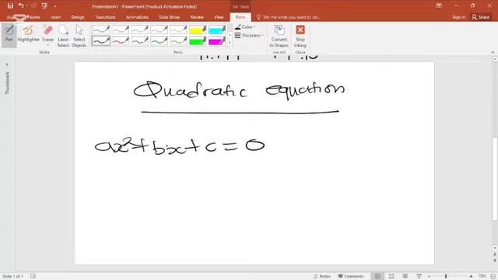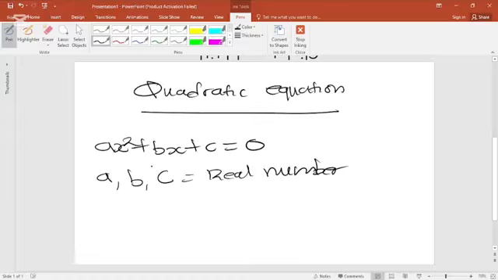Alright, so there are basic things that we are supposed to understand when we are dealing with quadratic equations. The first thing that we're supposed to know is that A, B, and C are real numbers, and we must know that the highest degree for a quadratic equation is 2.